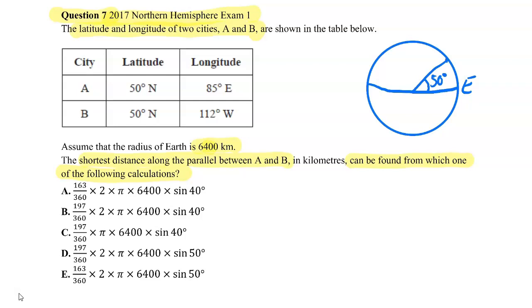So we have to find, first off, the radius of that line of latitude. So let's have a bit of a look. So that means 50.